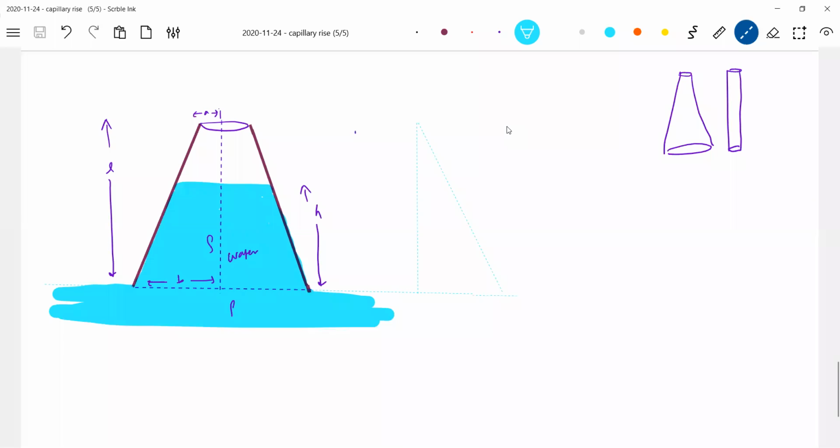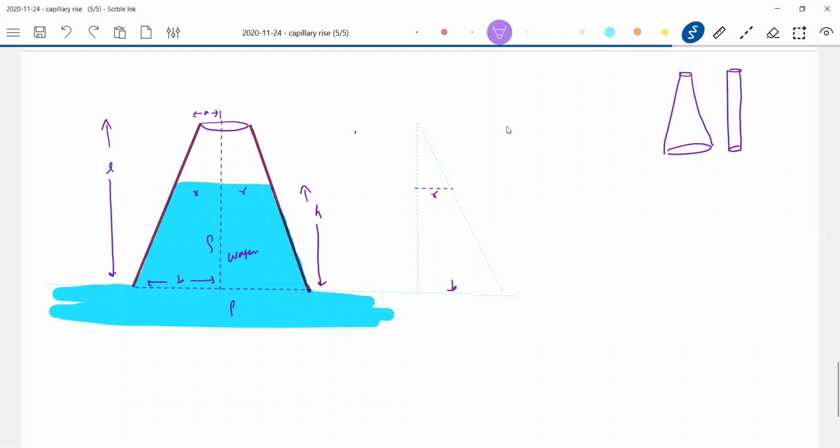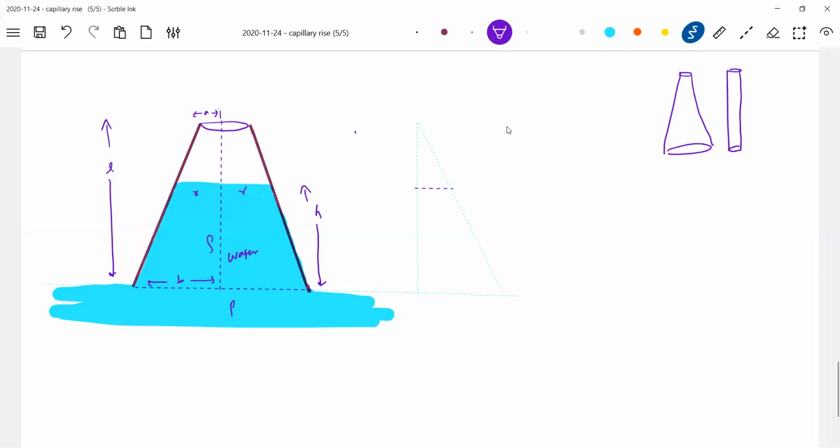Okay, this will be the, let R be the radius of the liquid at a height H. Then this is B. So some changes actually.